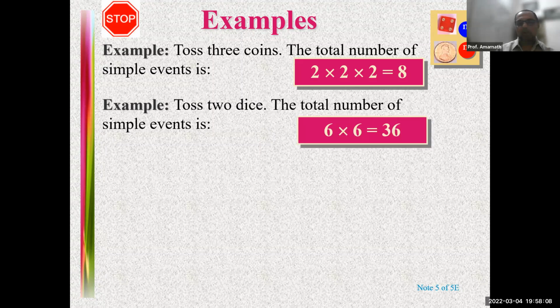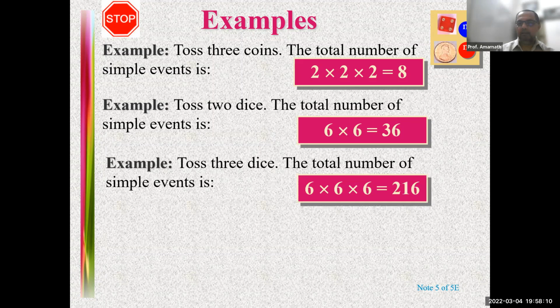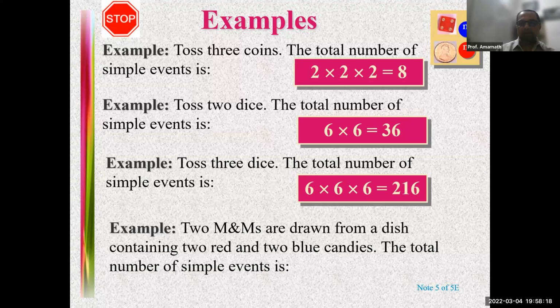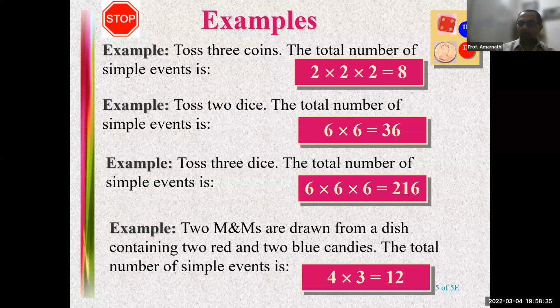Toss 3 dice. Total number of simple events is 6 into 6 into 6, 216. Example, 2 M&Ms are drawn from a dish containing 2 red and 2 blue candies. The total number of simple events is 4 into 3, that is equal to 12. So this is the way we start counting things.